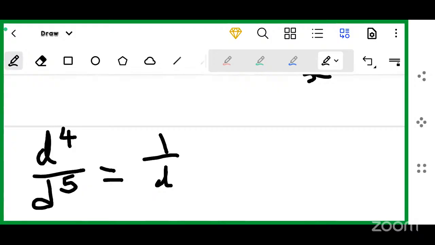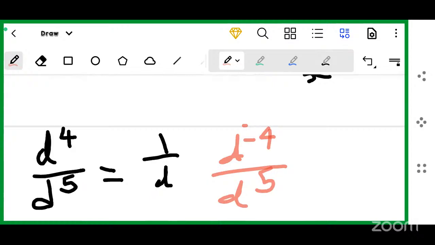So on this one, let's say now we have D to the power of negative 4 divided by D to the power of 5. Let's try this one out.